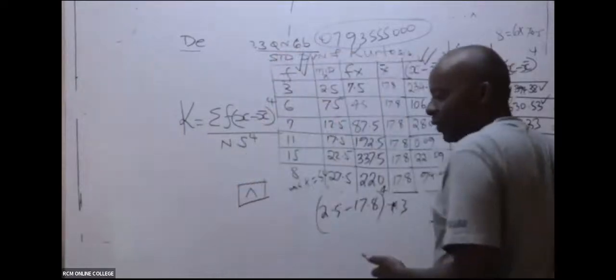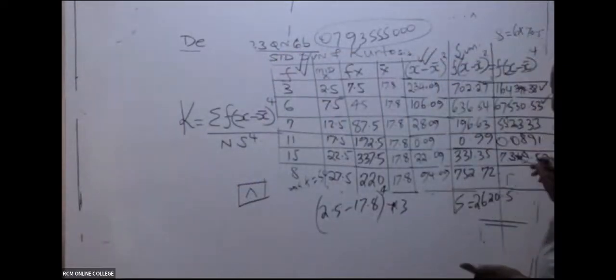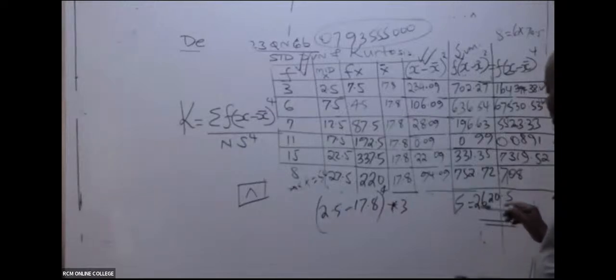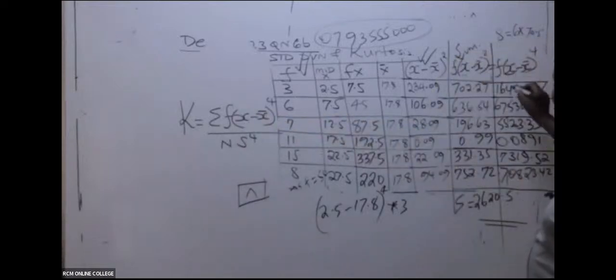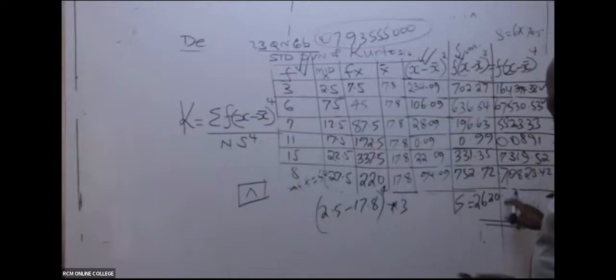I'm being given a figure of 70823.42. So please, we need summation of the same. Go ahead and sum all this, please.